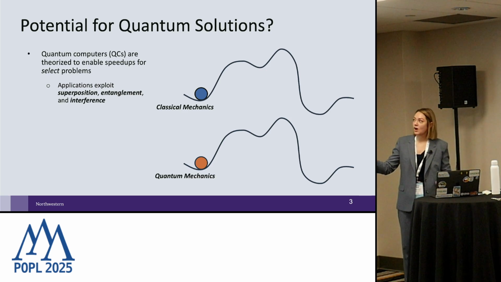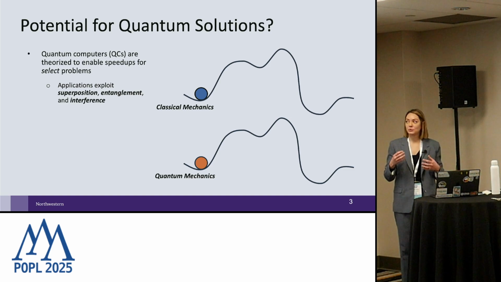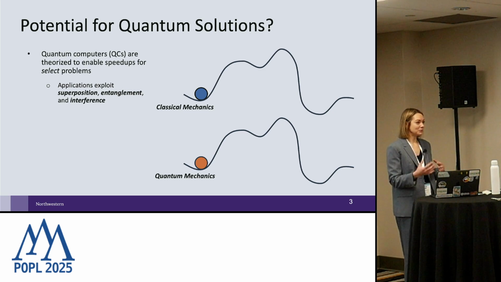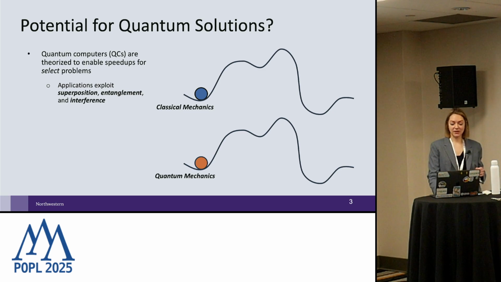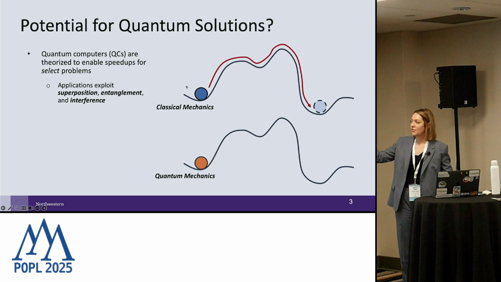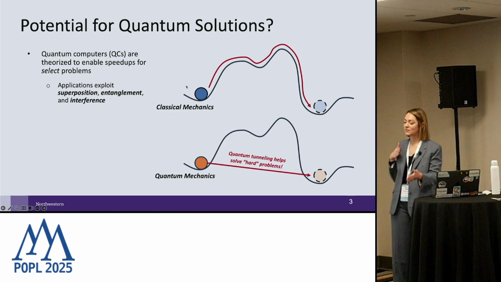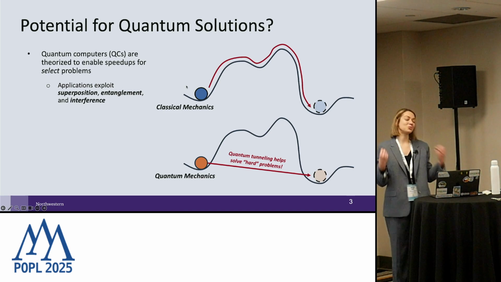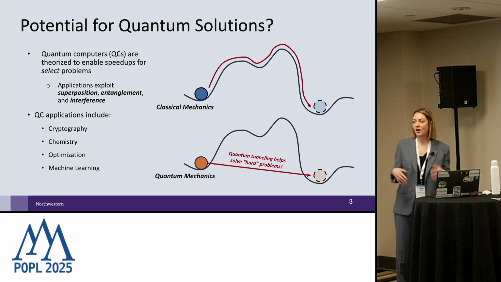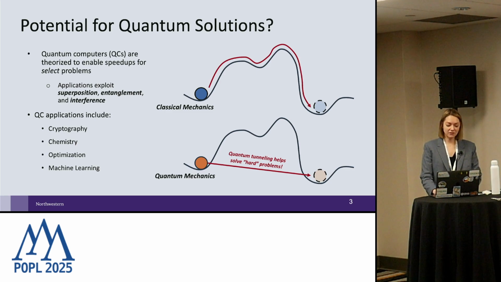Quantum computers offer a potential for a solution, and they're theoretically able to accelerate certain types of problems, select problems, by carefully exploiting superposition, entanglement, and interference. Rather than with classical mechanics, where we're forced to navigate the surface of an optimization space, we're able to leverage quantum tunneling to help us zoom in on the answers to those really hard problems with exponential search spaces. Example applications include cryptography, chemistry, and material science, just to name a few. But it's a very exciting space.